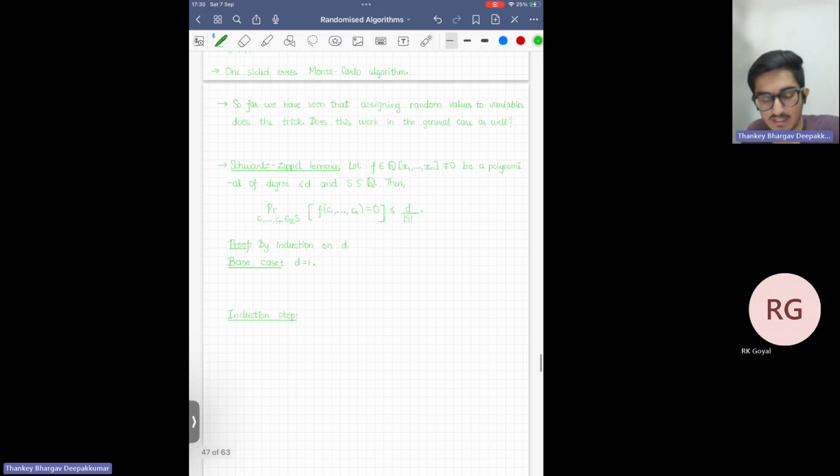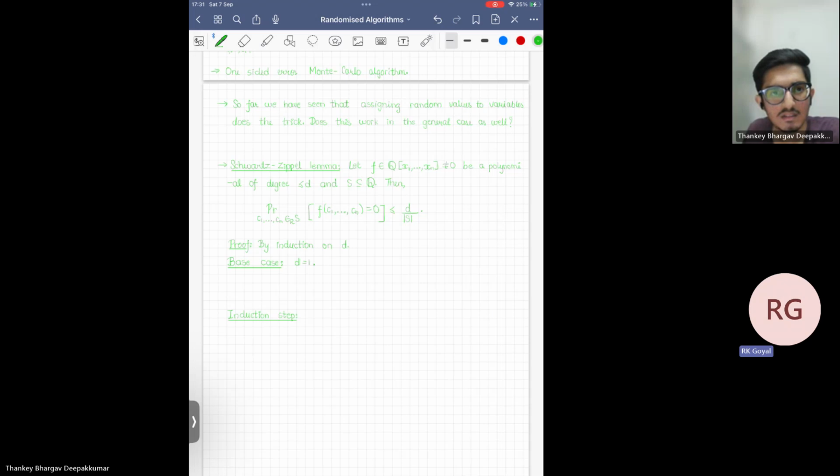Is the statement fine? Yes, it is fine, except that in the denominator we have the cardinality of the set of the rationals, which I think would be infinite. Wait, why would it be infinite?